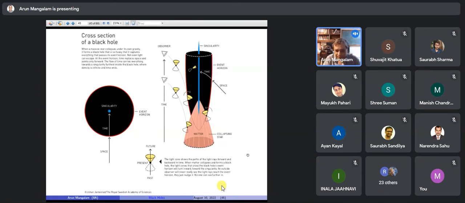This diagram shows that once the space-time collapses to a point, the point exists inside an event horizon, which you cannot see. Event horizon is beyond, you can't see inside that. There are observers here who can see the light cone that is yellow, which is called the future part.